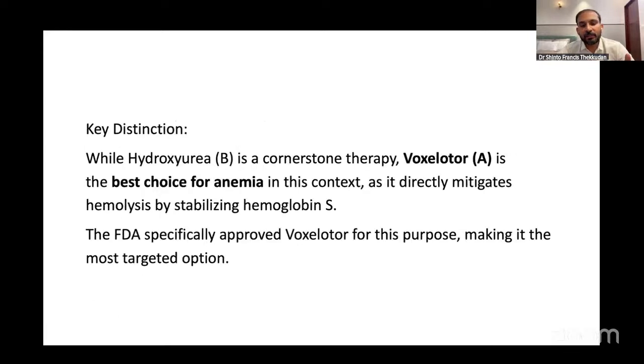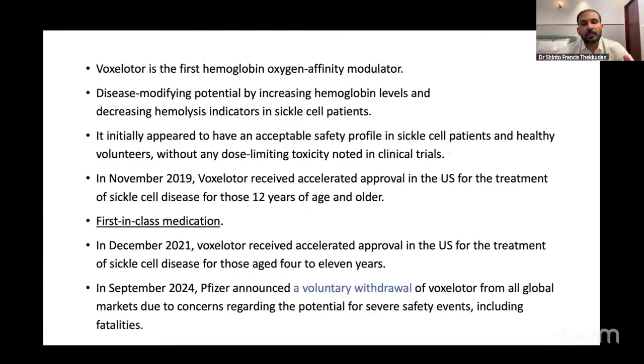So key distinction, hydroxyurea is a cornerstone, especially in India. Voxelotor is not available. It is the best choice for anemia because it is a direct, first-in-class medication that mitigates the hemolysis by stabilizing hemoglobin. Yes, it is specifically approved for this purpose, making it the most targeted option. If we read more into voxelotor, it's the first HbS affinity modulator, with disease-modifying potential by increasing the hemoglobin levels and decreasing the hemolysis indicators in sickle cell patients.